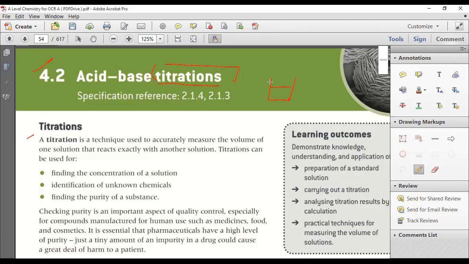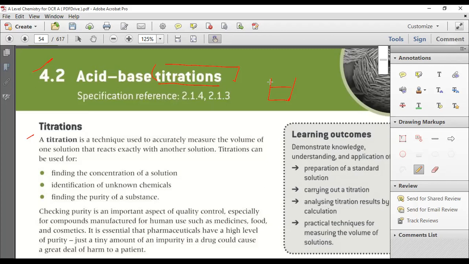Now, if we need to find out what amount of ammonium chloride is present in a particular amount of a solution, or the quantity of a particular substance present in a solution, then we do titration. So titration is a technique to find out the quantity of a substance.